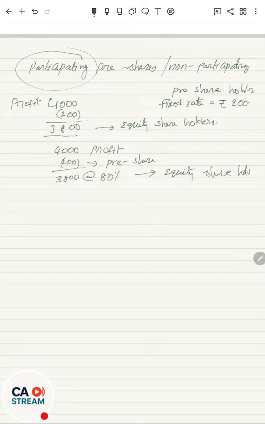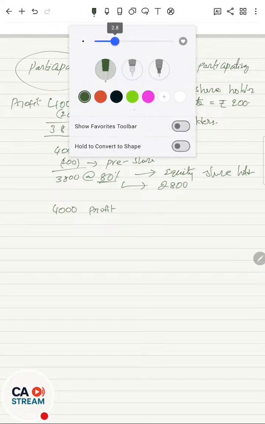Equity shareholders will get 80% of the remaining 3,800 rupees. Sir, for simplicity of calculation, that 80% comes to, say for example, 2,800 rupees. That means out of the 4,000 rupees profit, first we pay whom, sir?